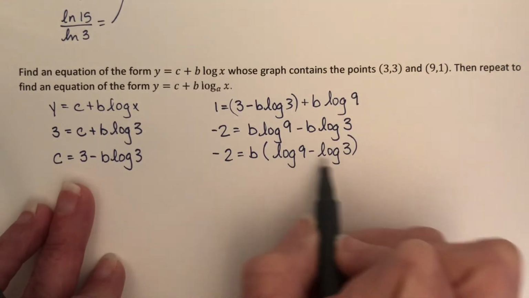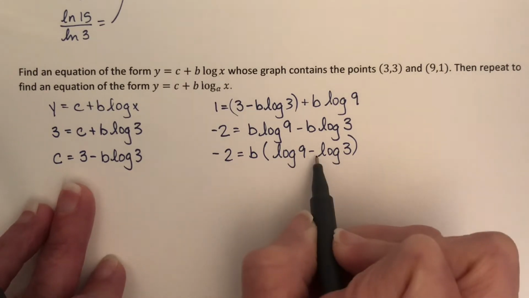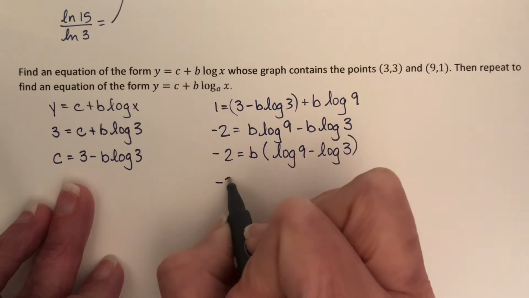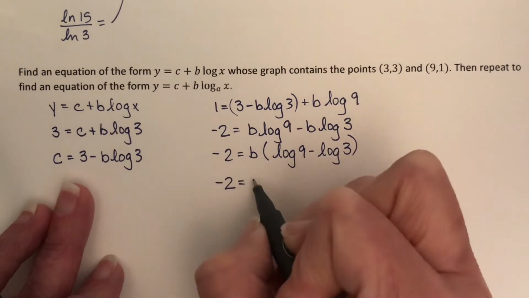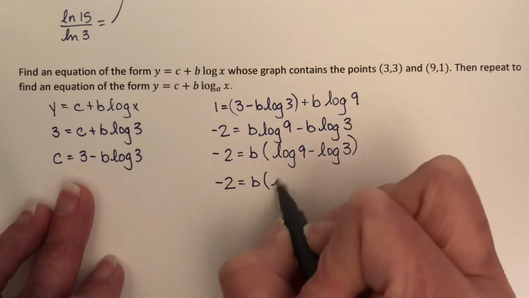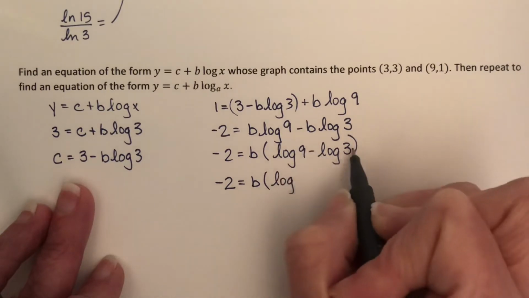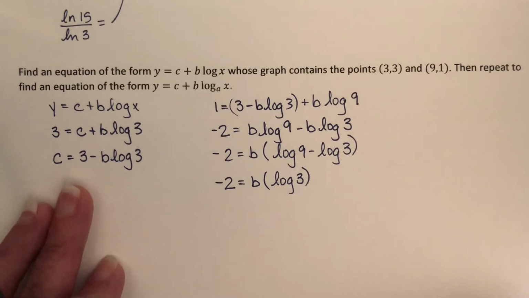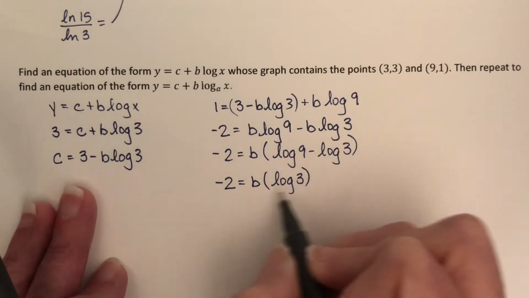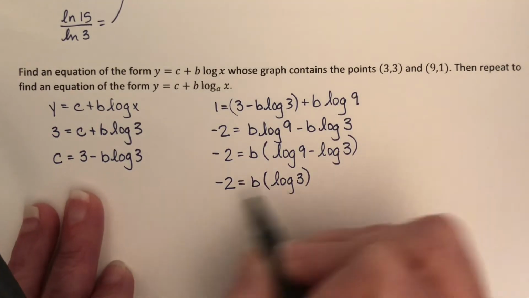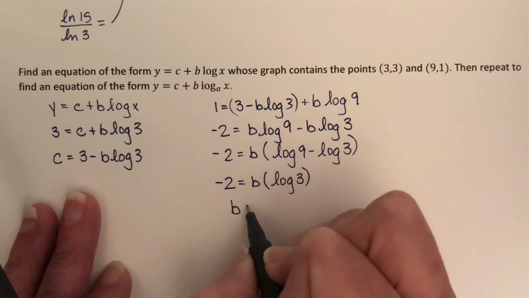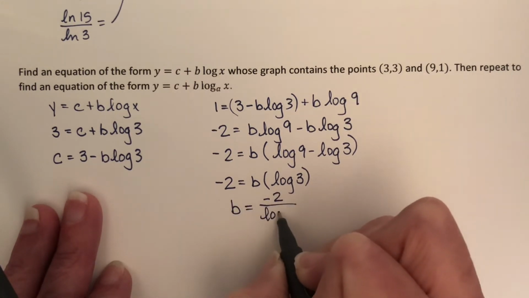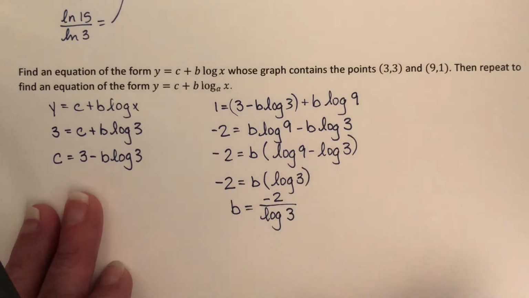And we know if we have two logs with the same base that are subtracted, we can divide their arguments. So this is negative 2 is equal to b times log 9 divided by 3 is just 3. Now this is just a number. It's an ugly number, but it's just a number. I can divide both sides by that, and I get my b value is negative 2 over log of 3.